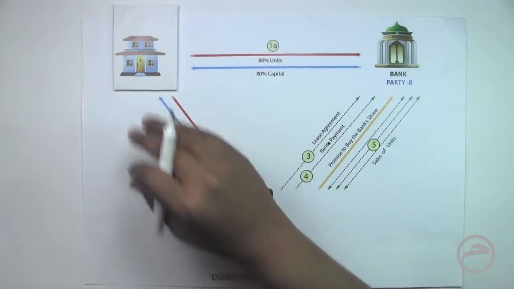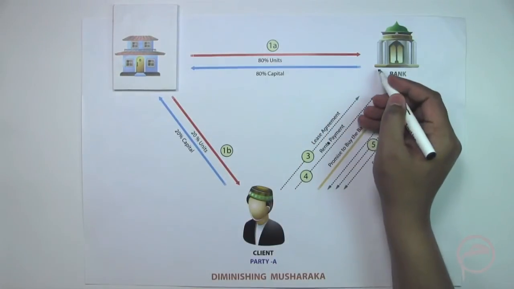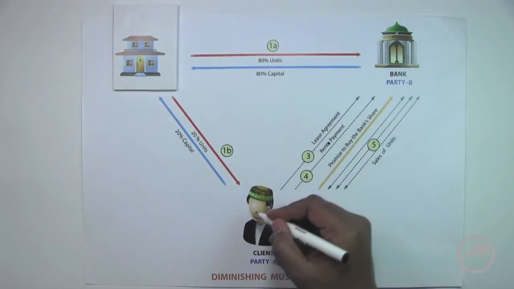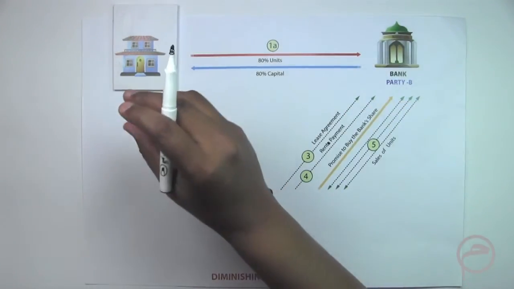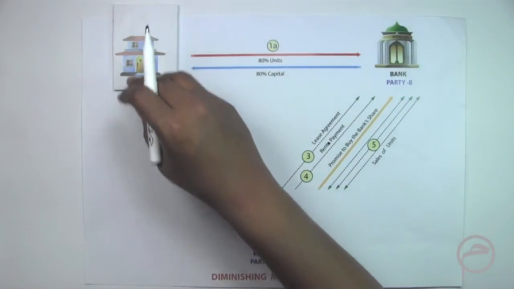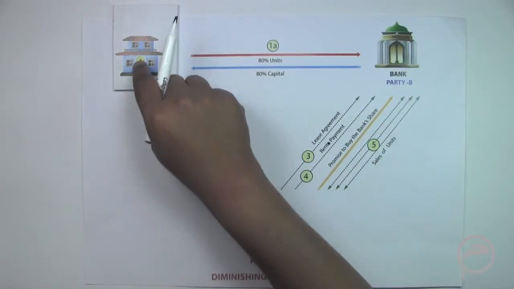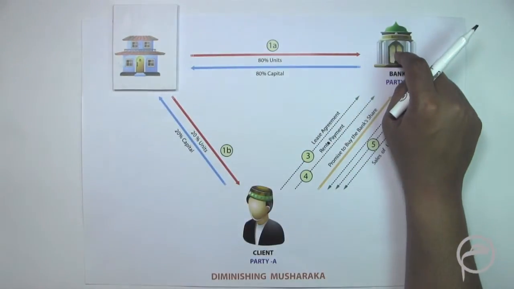After purchasing this house, the bank enters into a lease agreement with the customer. So now what we understand is that in this property, 20% of the share is owned by the customer and 80% of the share is owned by the bank.